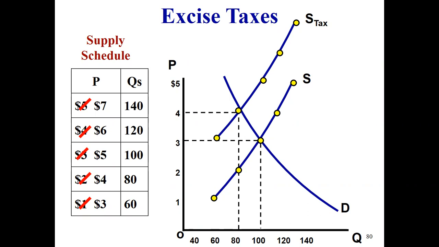So if the consumers are paying $1, how much are the producers paying? If the producers are paying 2 and the consumers are paying 1, that would be a $3 tax, and it's only a $2 tax. They're paying $1.